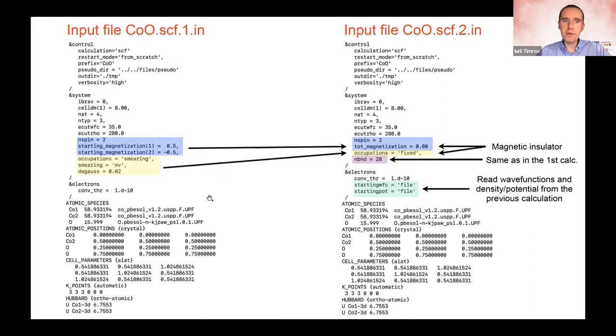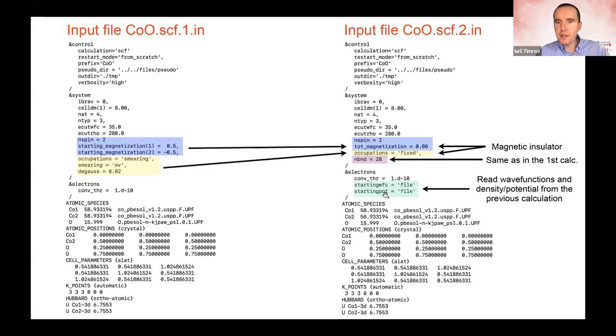So after the first SCF calculation, you converge to the ground state which has zero total magnetization because it's an antiferromagnet. So we just need to inspect the previous output and put here total magnetization 0. And finally, in the electrons namelist, we need to put startingwfc and startingpot from file. In this case, the code will not start from scratch, from a linear combination of atomic orbitals, but it will read from the temporary directory, which is the output directory TMP.